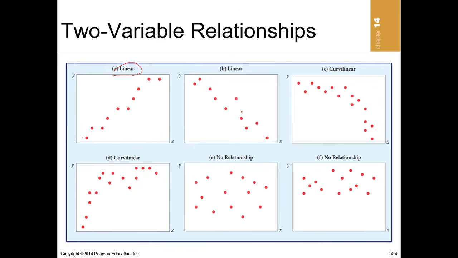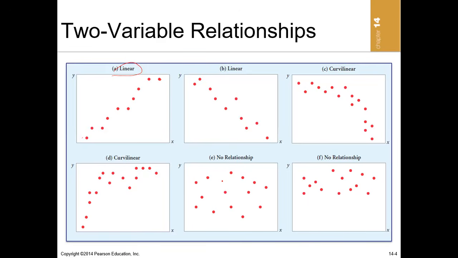In plane C, although we cannot see a clear linear relationship, the relationship looks like a curve, so we call it curvilinear negative. In plane D, we have curvilinear positive.